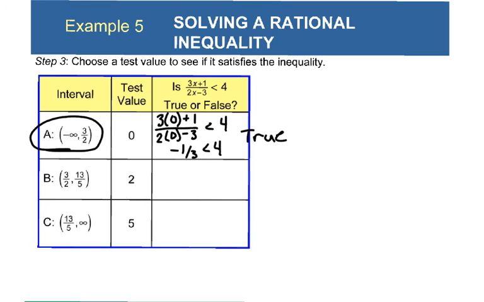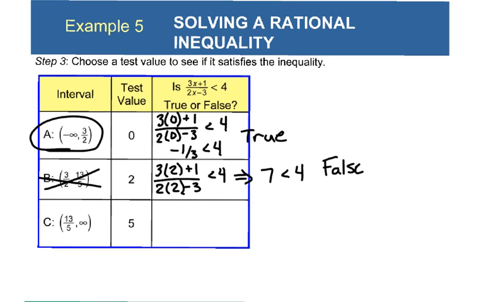And then let's see, for B, let's plug in test value of 2. And see what we end up with. Let's see, we end up with 7 is less than 4, which is a false statement. So that is not an interval we're going to include as our solution.